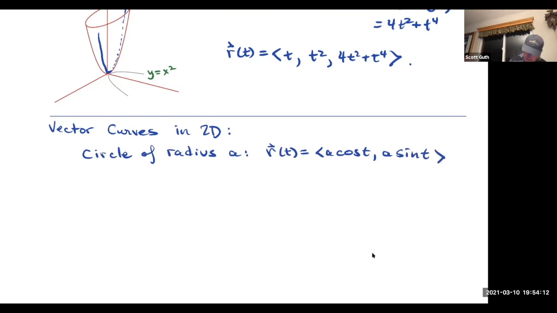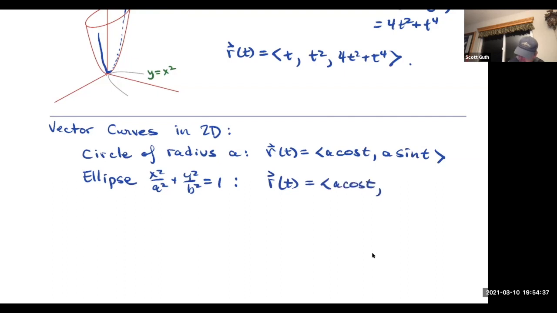And then the ellipse. Let's say the ellipse would be x squared over a squared plus y squared over b squared equals 1. So then you'd say r of t is going to be just like a circle, a cos t, but the y coordinate gets a different radius, b sine t.